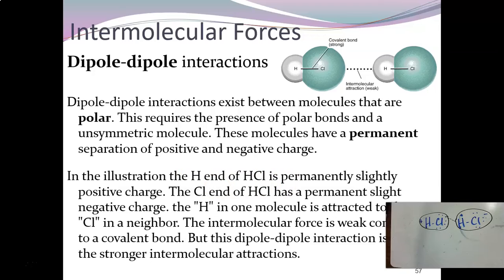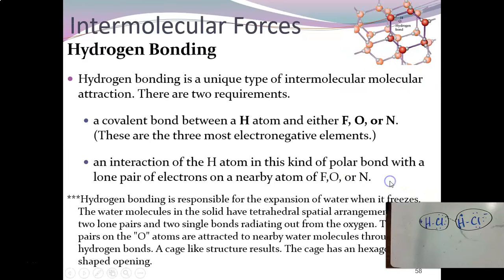The chlorine end is permanently negatively charged. The hydrogen in one molecule is attracted to the chlorine in the neighbor, just like that. The intermolecular force is weak compared to a covalent bond, but again, we're talking about whole compounds being attracted to one another, not a bond attraction, a bond force.